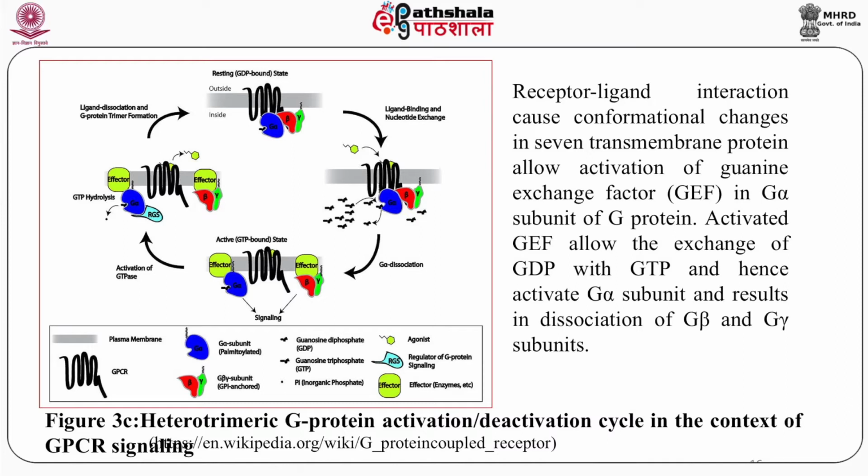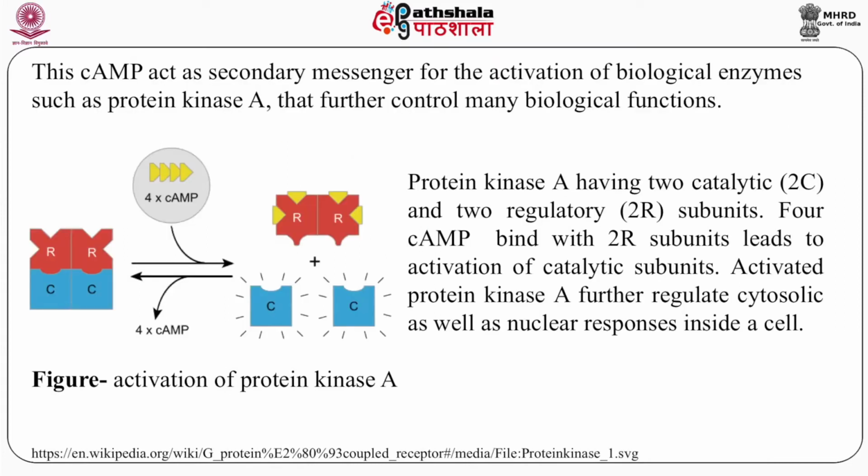Replacement of GDP by GTP results in conformation changes in the G alpha subunit. In the GTP bound conformation, the G alpha subunit has lower affinity towards the G beta and gamma subunits. Activation of effectors leads to the production of second messengers like cAMP, phospholipase C beta, and cyclic GMP phosphodiesterase.